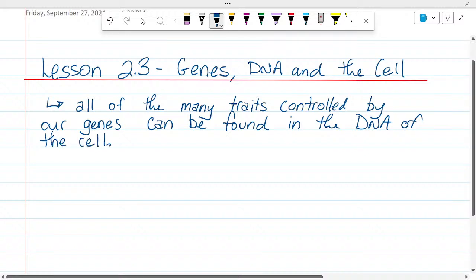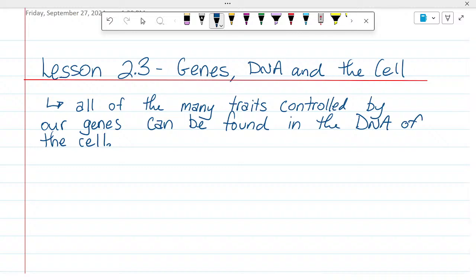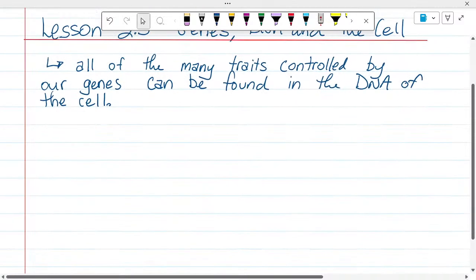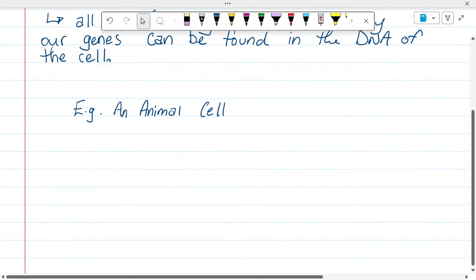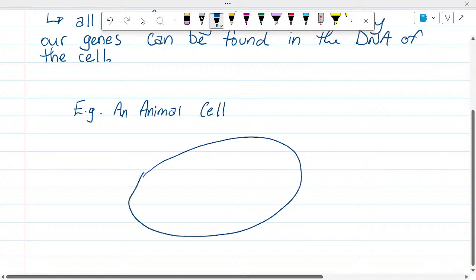All of the many traits controlled by our genes can be found in the DNA of our cells. Okay, so let's remind ourselves. So for example, an animal cell. All right, let's imagine we've got a cell here. There it is. Inside the cell, we have the nucleus.